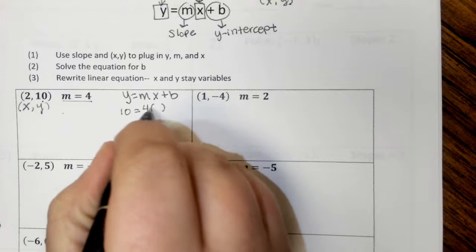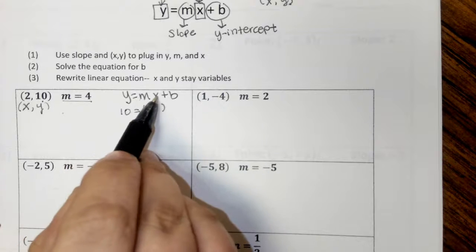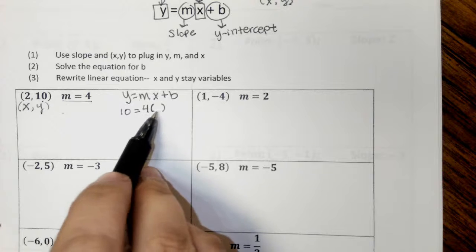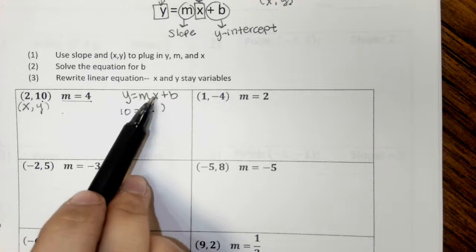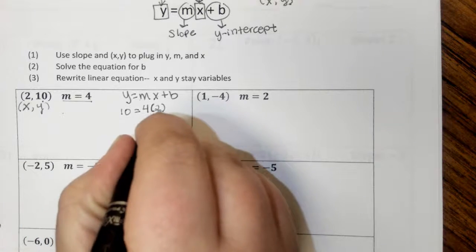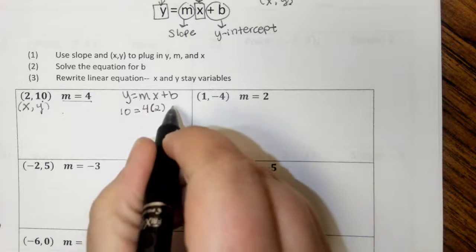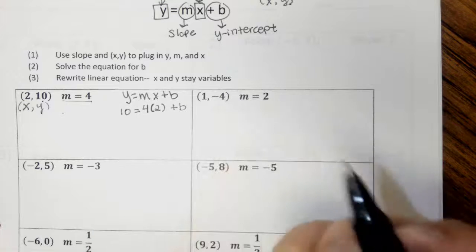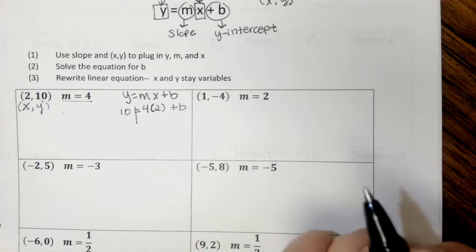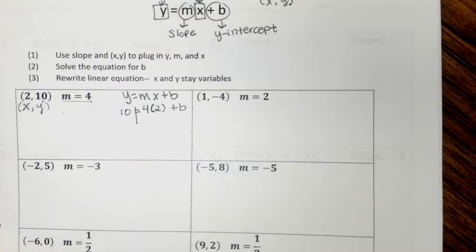I'm going to put a bubble in place of x because m and x are being multiplied. 4 and then parentheses to denote the multiplication there. Instead of x, we can write 2. And then we'll have plus b. Now this is just an equation that we can solve for b.